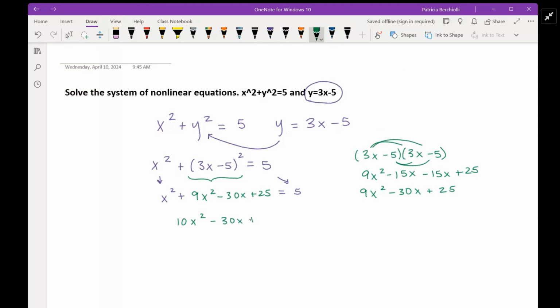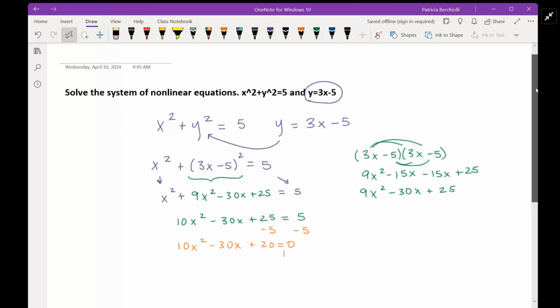Something else we'll want to do, because we now have a quadratic equation, is bring the 5 over to the left and combine it with the 25. So this becomes 10x squared minus 30x plus 20 equals 0.